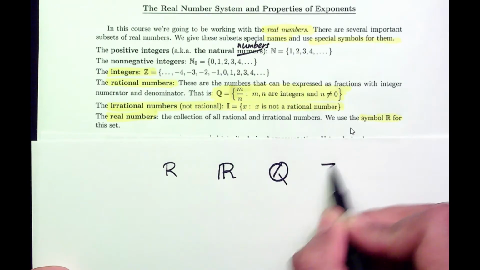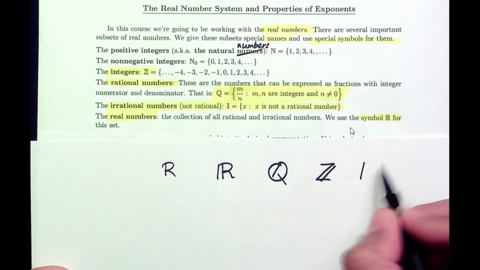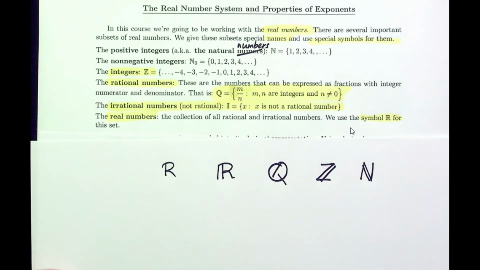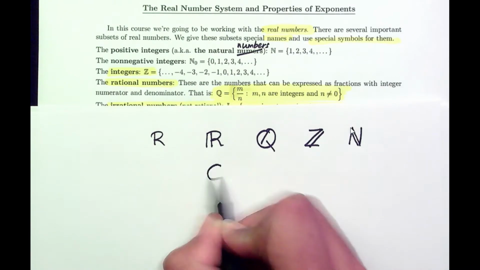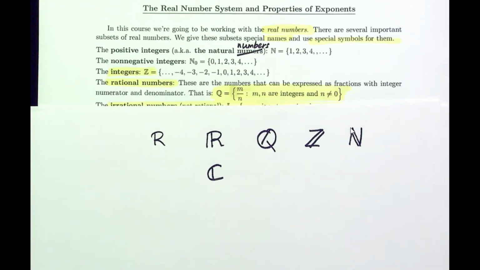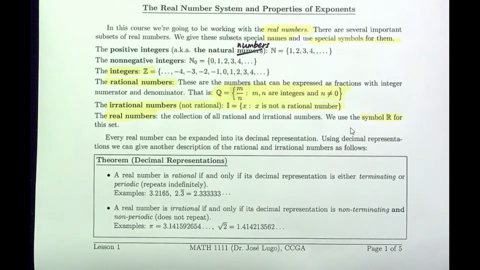For Z, the integers, and the natural numbers. Later on, when we talk about the complex numbers, the symbol for the complex numbers is C, C for complex. All right, so that's how you draw those symbols.